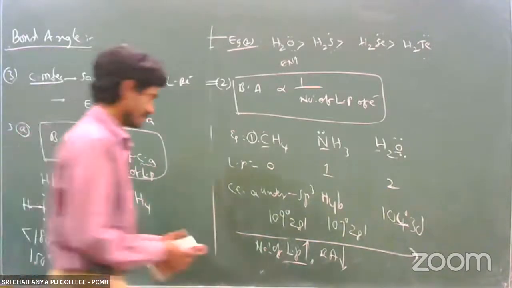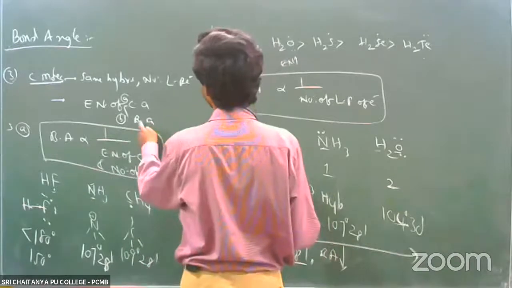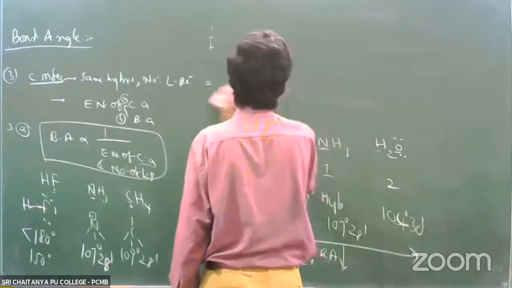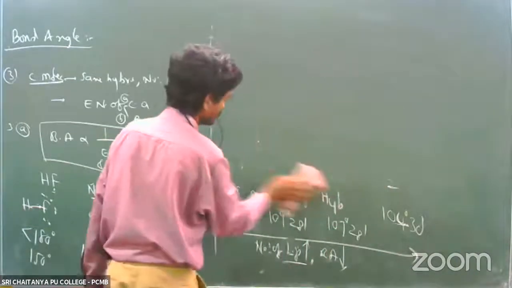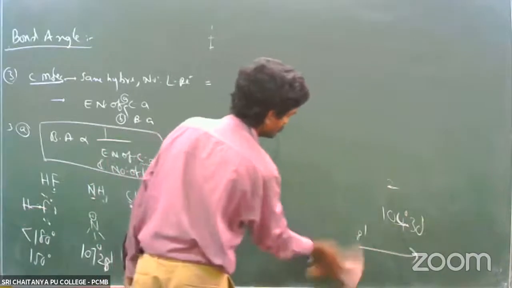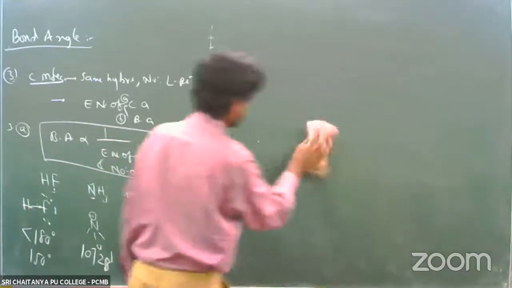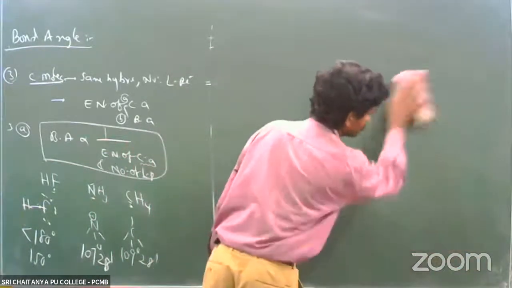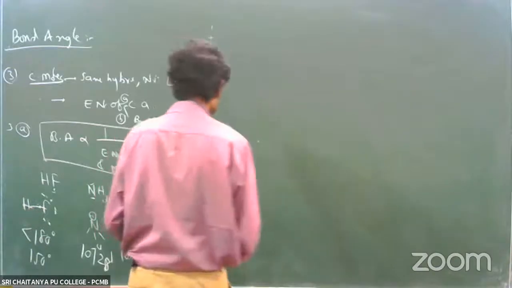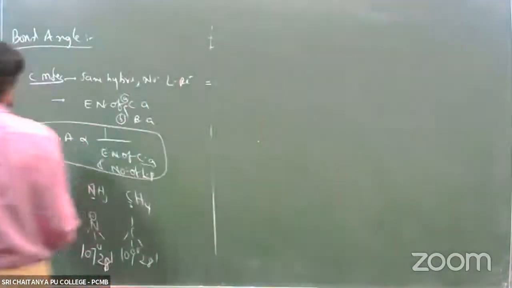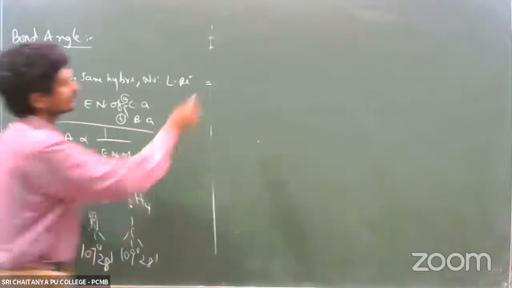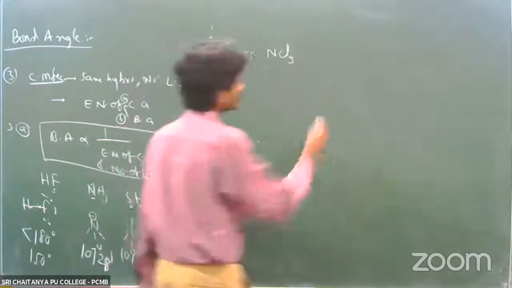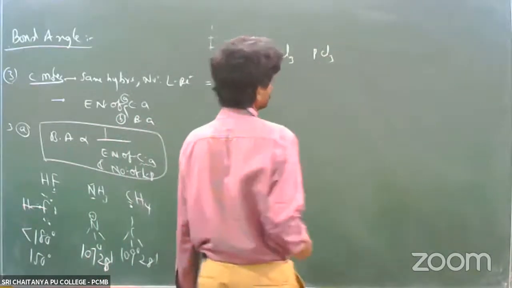Right. Next one is the bonded atom or side atom. For this central atom, I'll give one more example: NCl3 and PCl3.